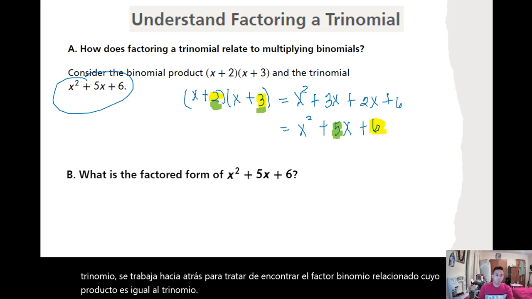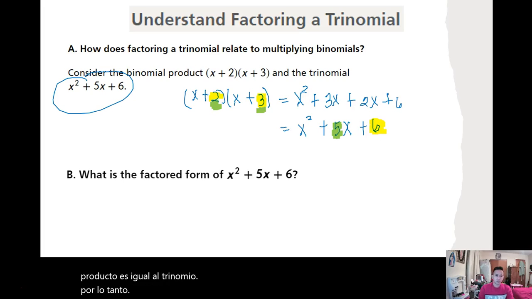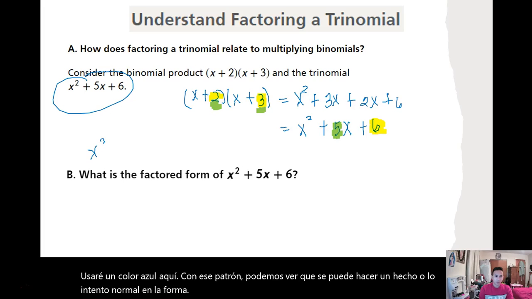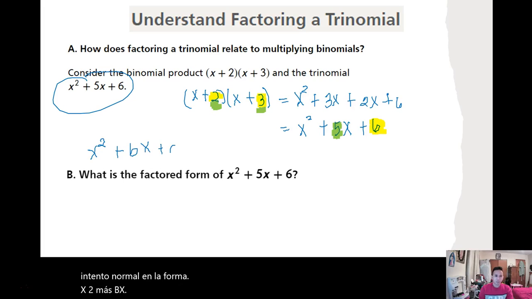Therefore, with that pattern, we can see that you can factor a trinomial in the form x squared plus bx plus c as x plus p times x plus q.